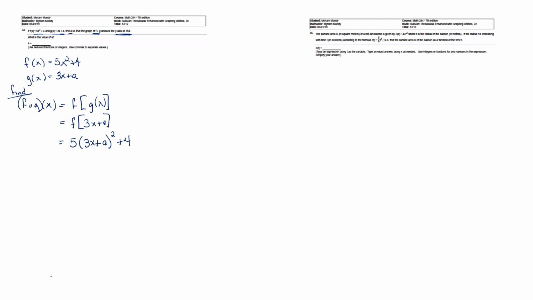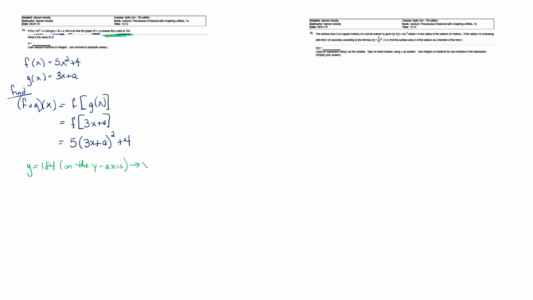Now, here's what they said. They said that it wanted to cross the y-axis at 184. So, I know my y is 184. And if this is on the y-axis, then what does that tell you about x?